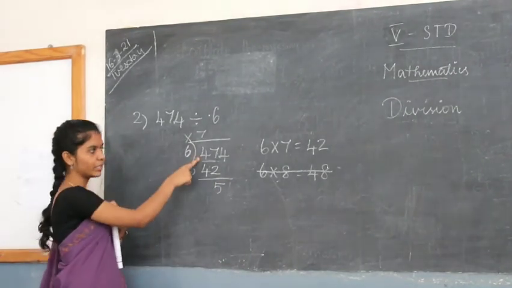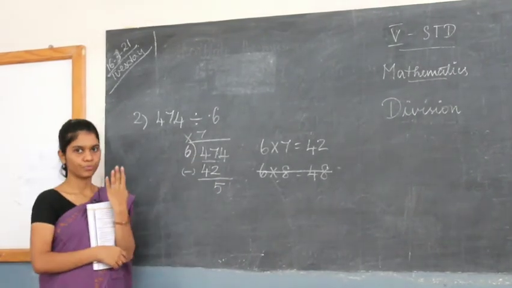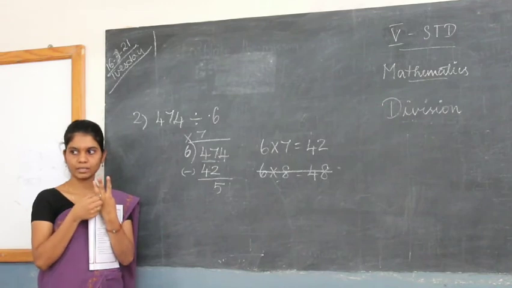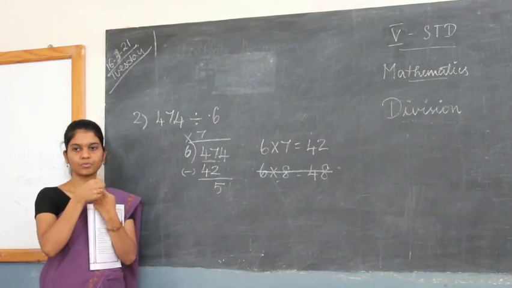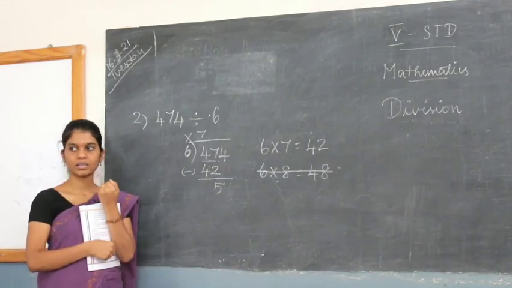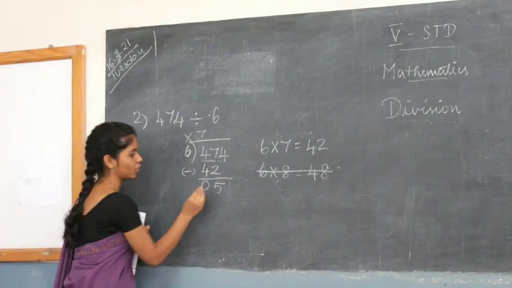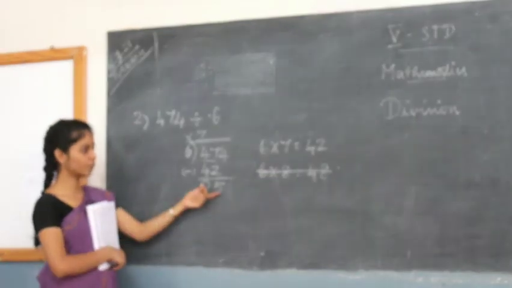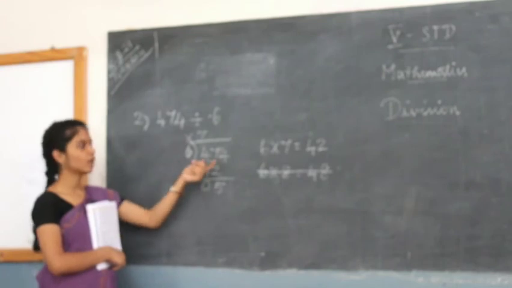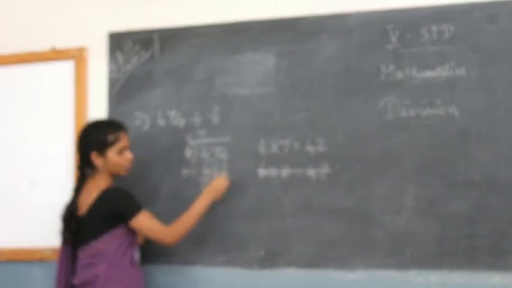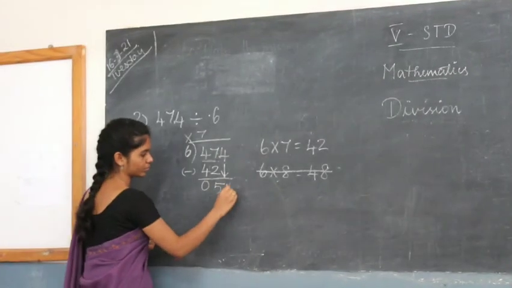And look at here. Here you have 4 and here you have 4. 4 minus 4, how many is remaining? 0. So you will write 0 here. Now you got here 5. And what you should do now? You should bring the next number down, which is 4.